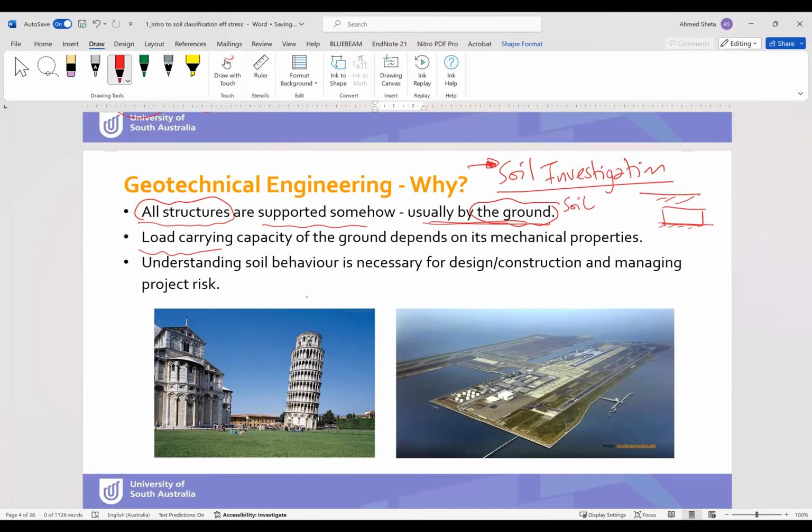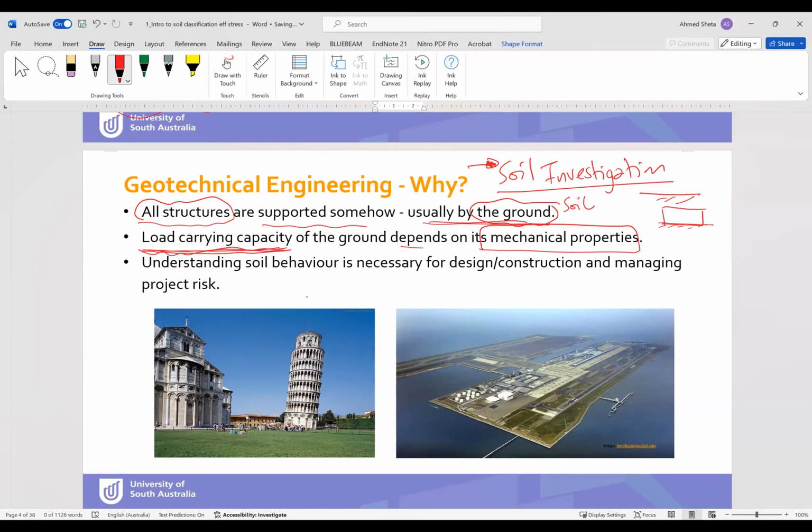The load carrying capacity, which means how much the soil can sustain from the applied loads, depends on the mechanical properties of the ground. So this is also one of the reasons for studying the mechanical properties of the soil, to know exactly how much load the soil can sustain.